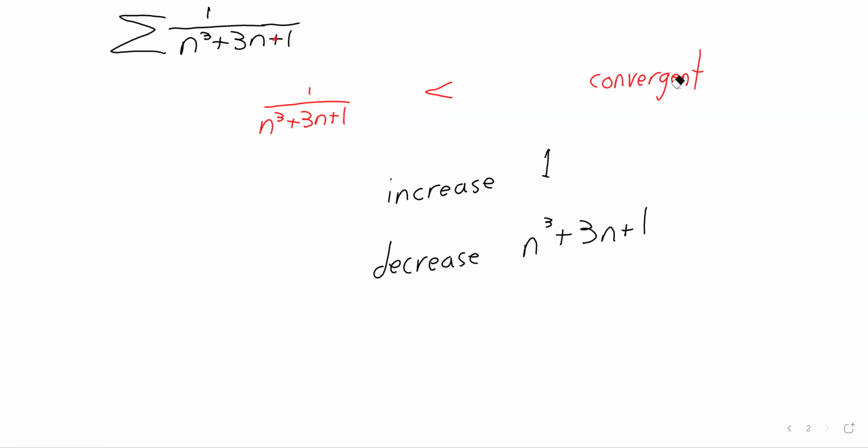But because everything is being added, if we just start crossing stuff out, we are decreasing it. And decreasing the denominator increases the fraction, and this is exactly what we need.